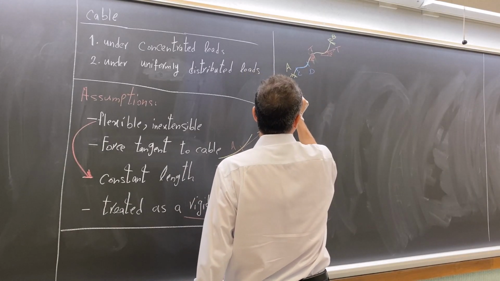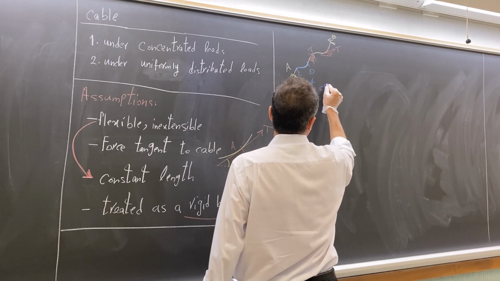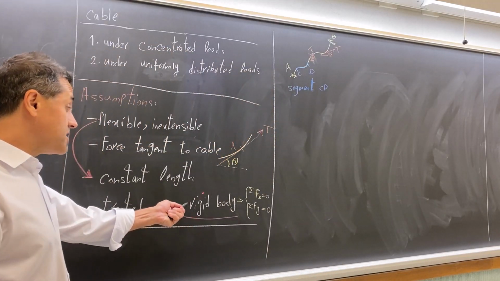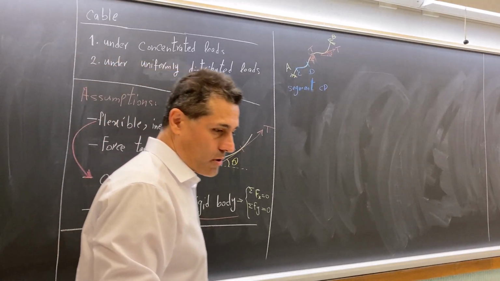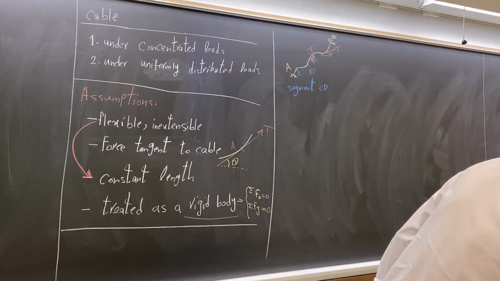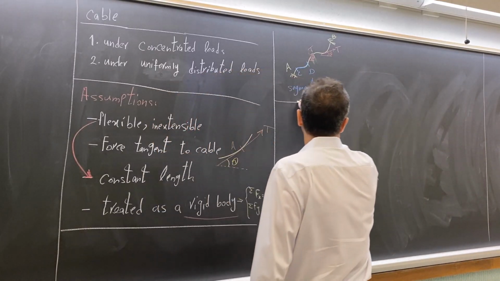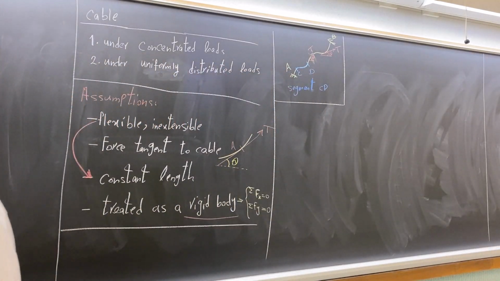So we call it segment CD. And then we draw the free body diagram for that. We treat it like a rigid body, and then we write equilibrium equations for that part. So these are the assumptions. So now we are ready to start our analysis and to derive the equations for cable.